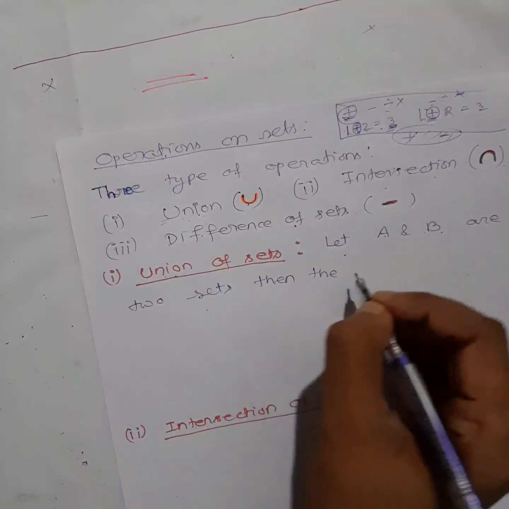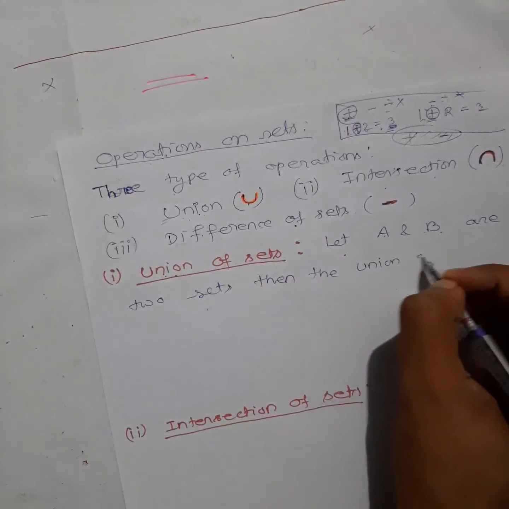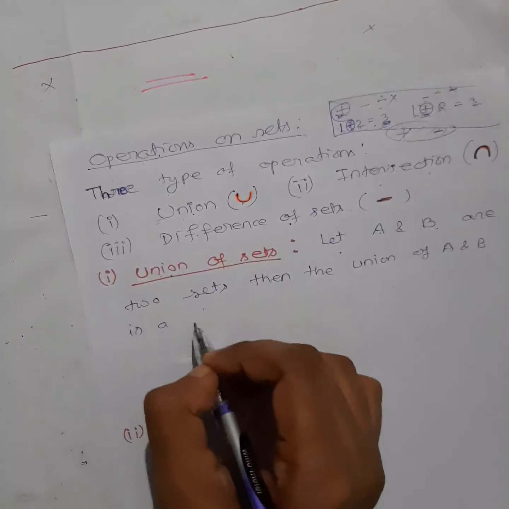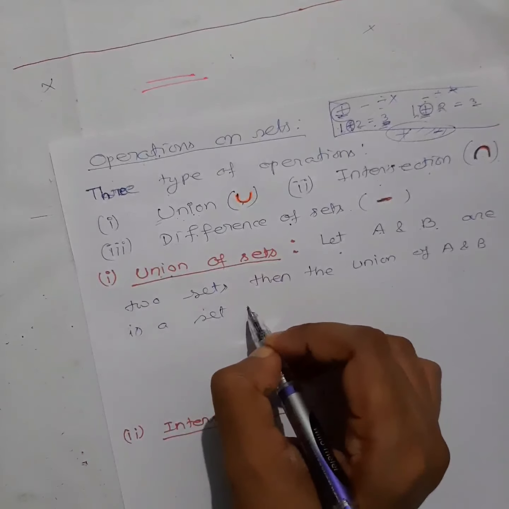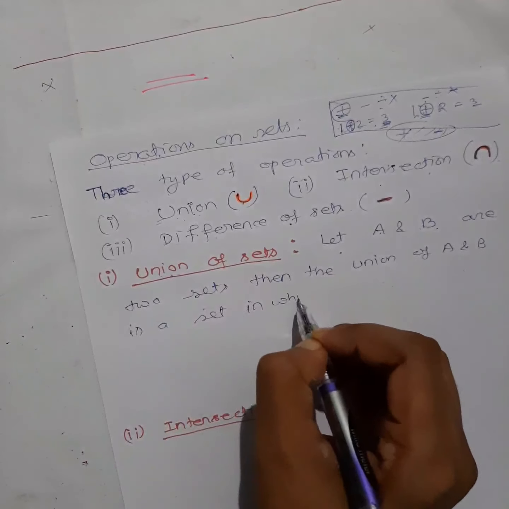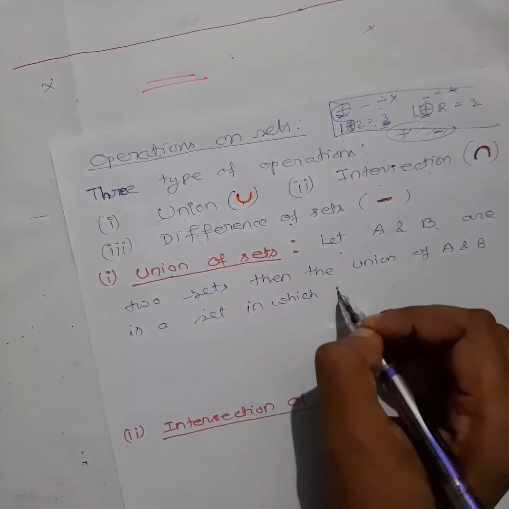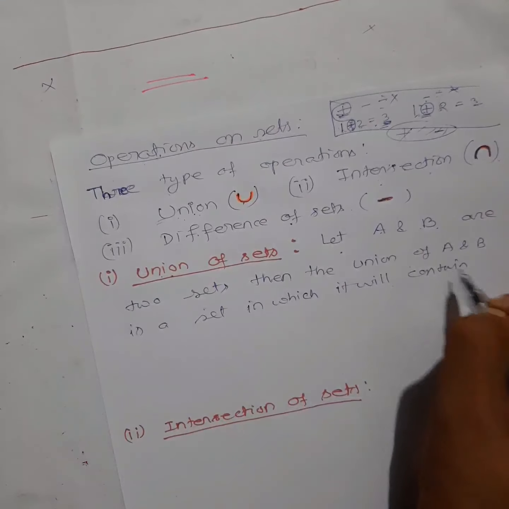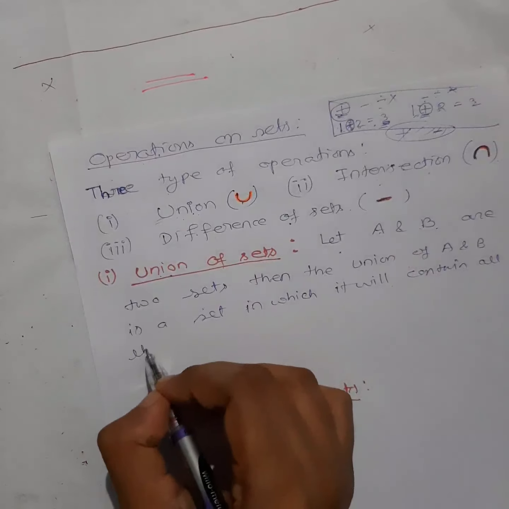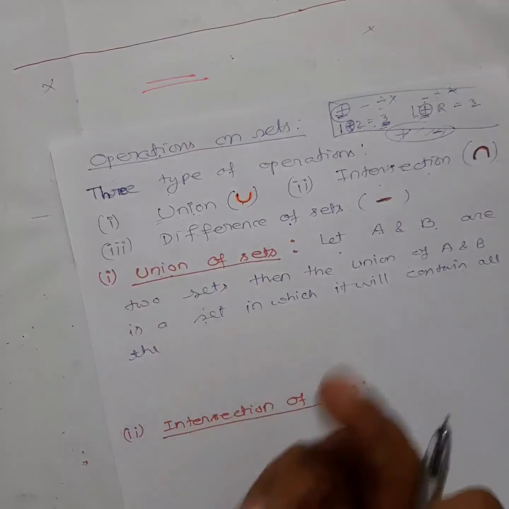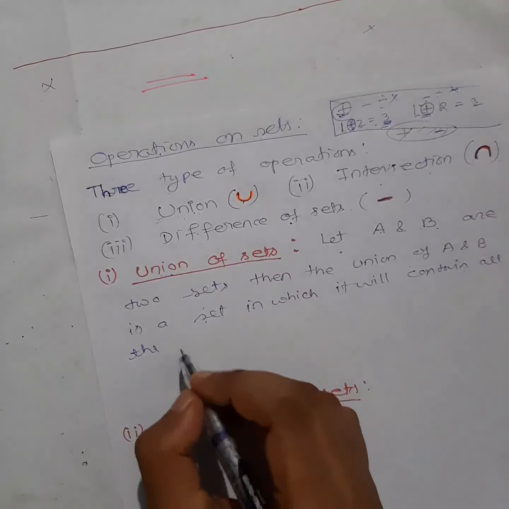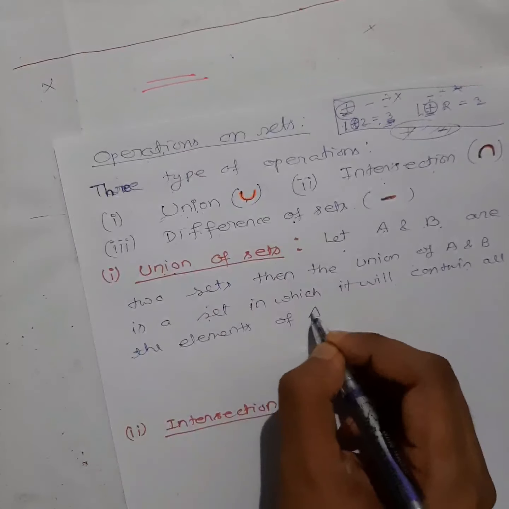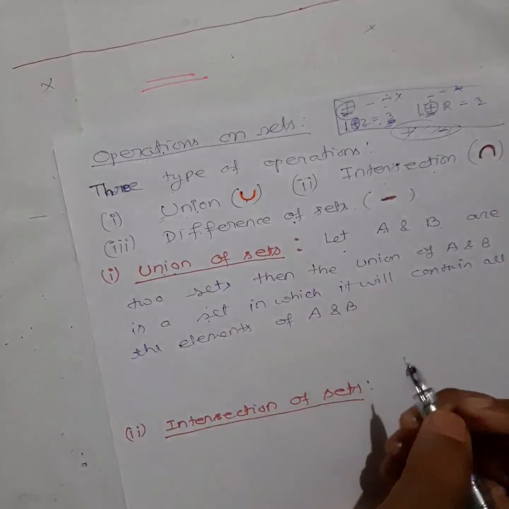The union of A and B is a set again, a set in which it will contain all the elements. If it is a set, it will contain elements, right? Now what kind of elements? It will contain all the elements of A and B. Means what?